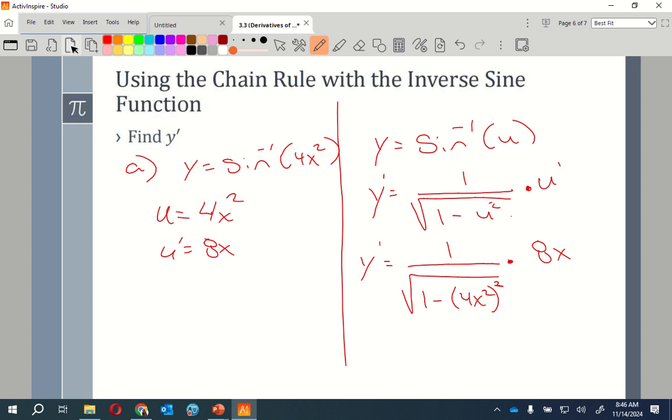I could leave it like this, but if we're checking the answer, it's probably going to look like this. Put it together, so it's 8x on top, on the bottom, square root of 1 minus 16x to the 4th.